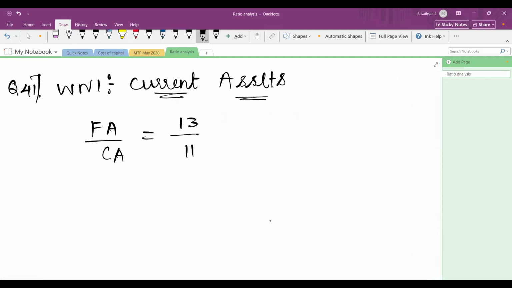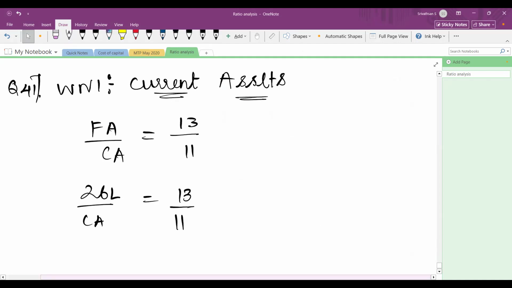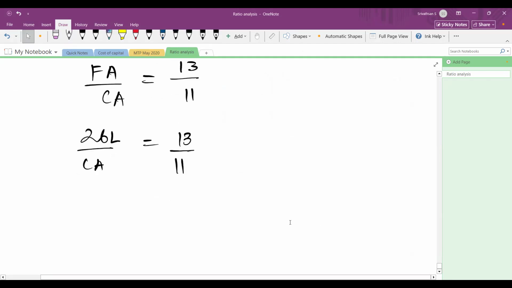So what is the fixed asset? It is 26 lakh. Fixed asset by current asset is equal to 13:11. So how much do we get current asset? 22 lakh. Current asset is equal to rupees 22 lakhs. Is this clear? Any doubt?